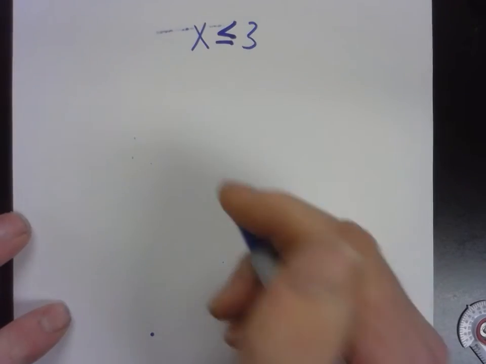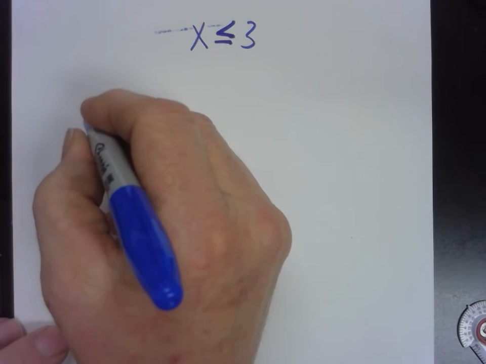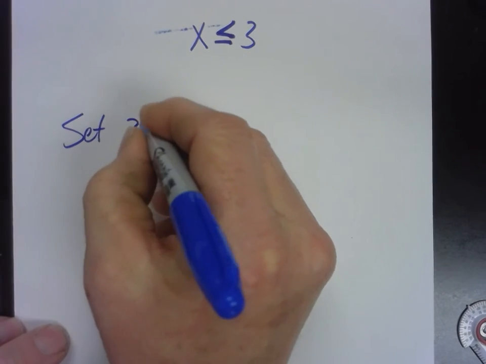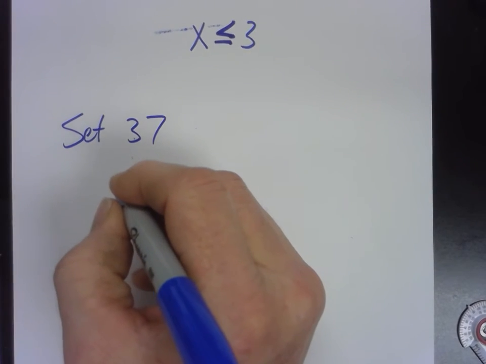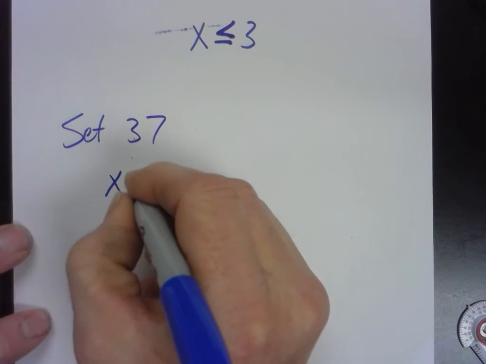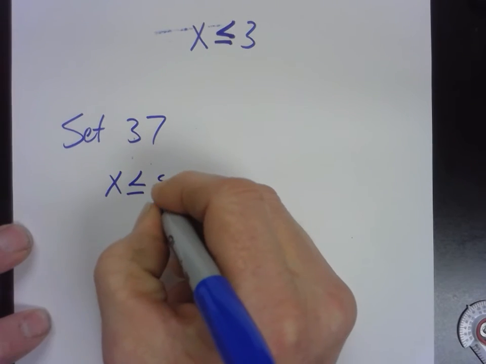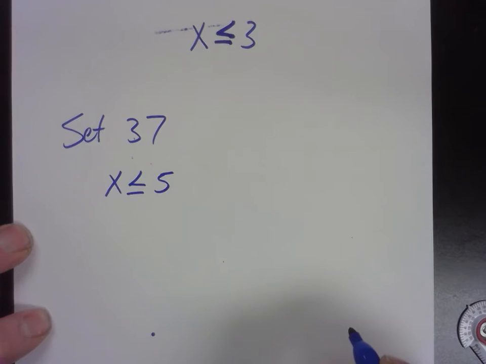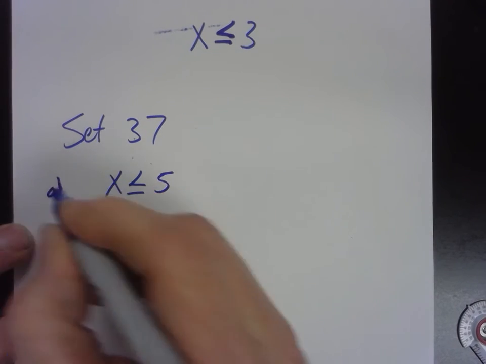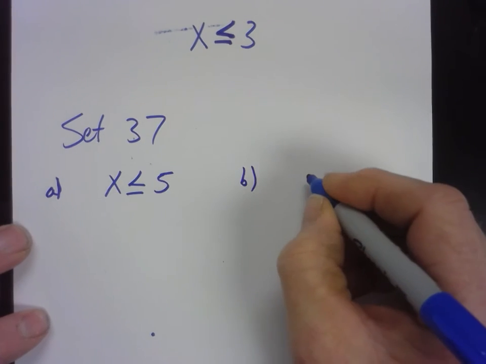Okay. You've got your paper where you're going to do set number 37. And I would like you to graph this one. That'll be A. And then I want you to graph this one.